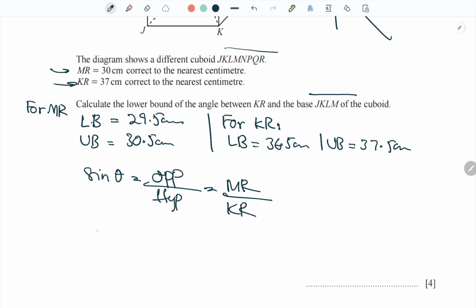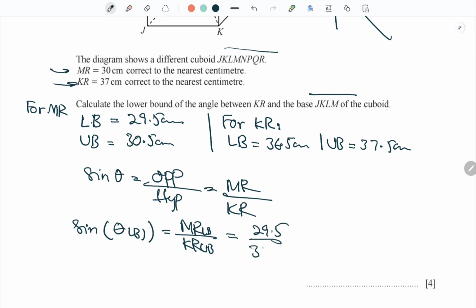So we have sine theta for the lower bound equals MR lower bound over KR upper bound. Okay, I just substitute the values, so 29.5 and the next one is 37.5, right?